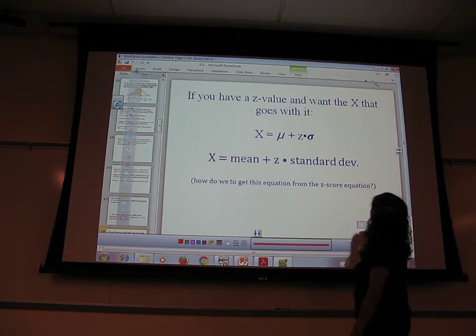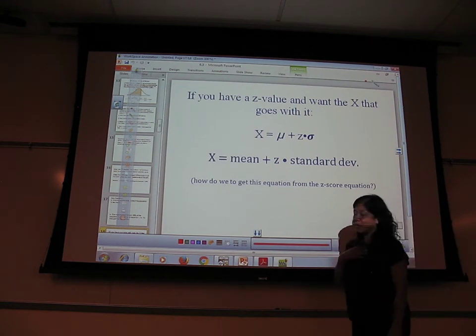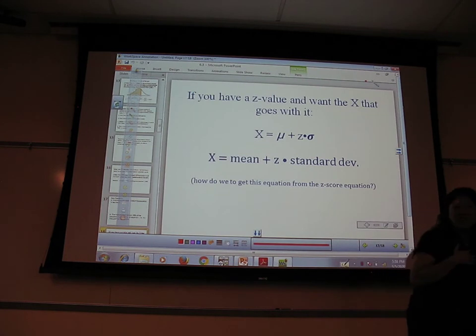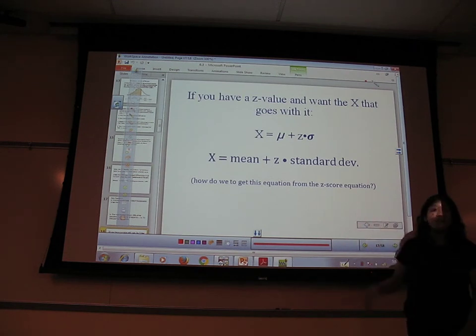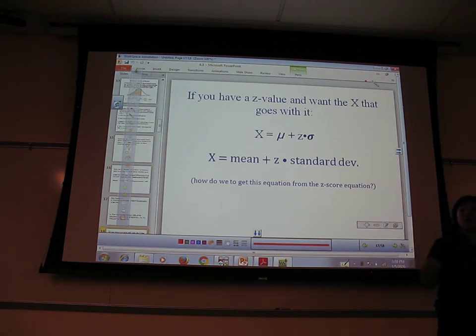So how do you figure out the z-score again? What's the idea of a z-score? The number of standard deviations a value is above or below the mean. Yeah, the number of standard deviations an x value is away from the mean.